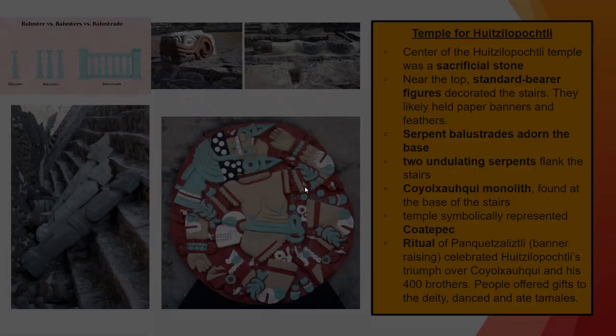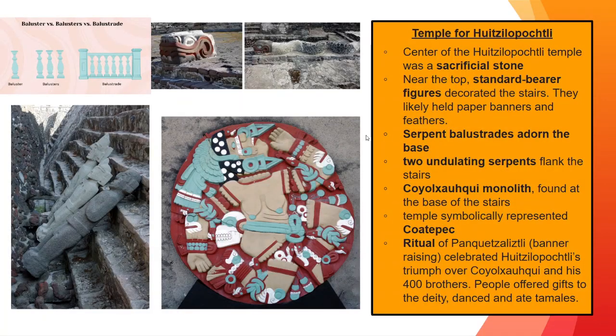When we are looking at the 2 temples, just to highlight each temple, the temple for Huitzilopochtli is where those sacrificial stones that we're looking at, especially the Coyolxauhqui stone, are at the base. So a reminder that the temples are at the top of the grand staircases.